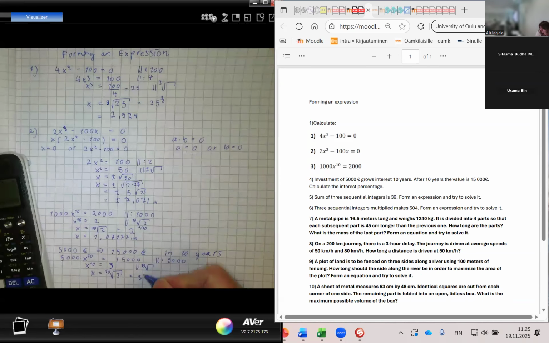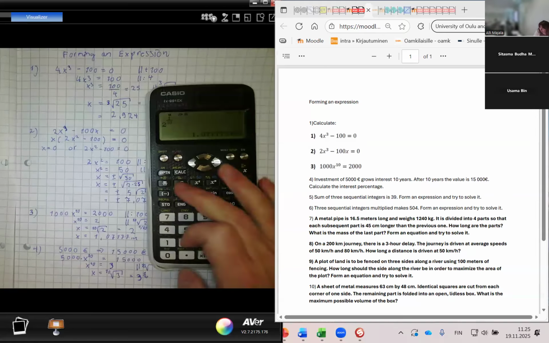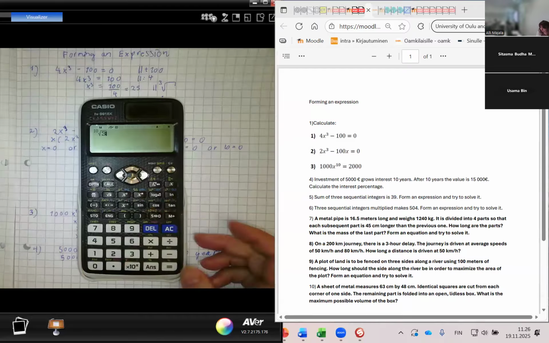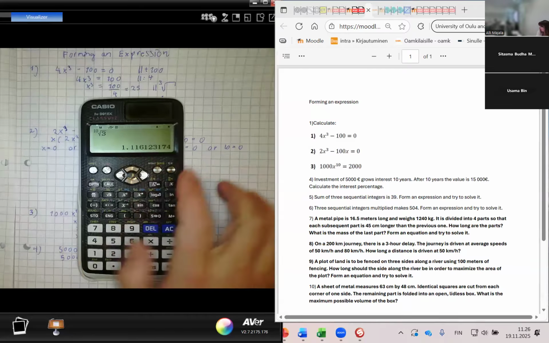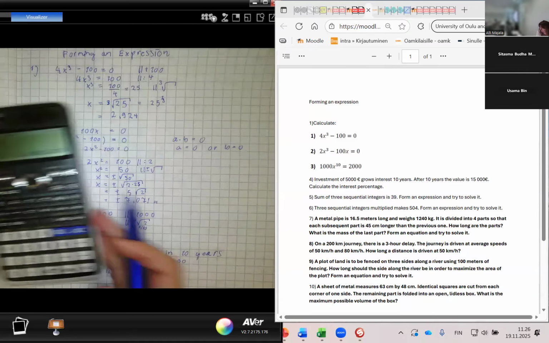Yes. 1/10. If you didn't manage to take the 10th root with your calculator. Oh, so let's see. Oops, I took a wrong root. Something like this multiplied 10 times and we get 3.